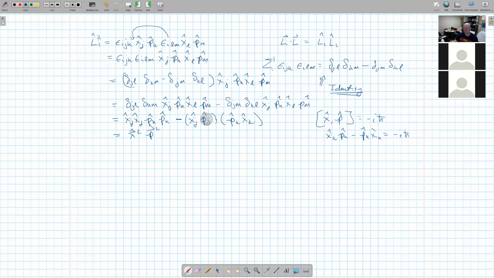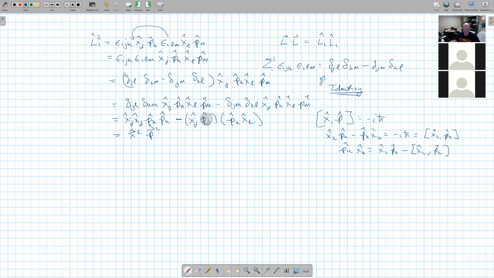Guys doing okay? Which is also equal to the commutation relation between x_k and p_k. Good. So basically all this means is that if I want to replace this with this, we're going to have to rewrite p_k x_k as x_k p_k minus the commutation relation between x and p.